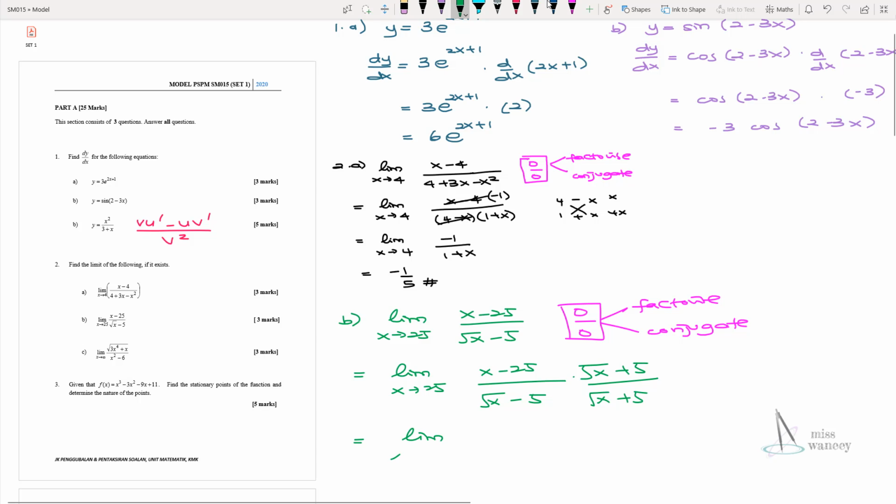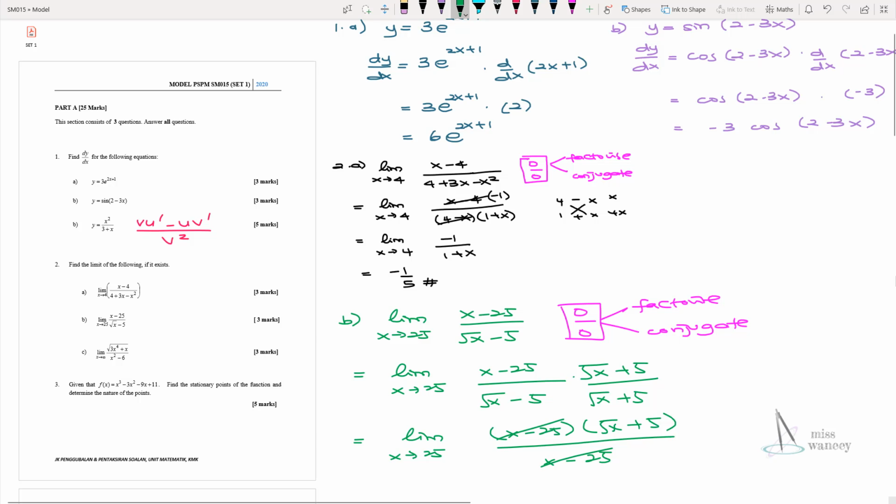So this is the limit as x approaches 25 of x minus 25 times square root of x plus 5 over, be extra careful when you want to expand them. Surd x, so it will become x, negative 5, positive 5, it will become negative 25. And the other two terms will just cancel out each other, so I'm going to be left with x minus 25. So cancel those two.